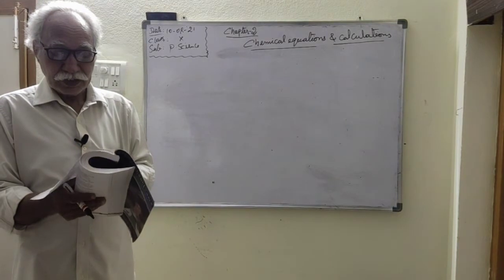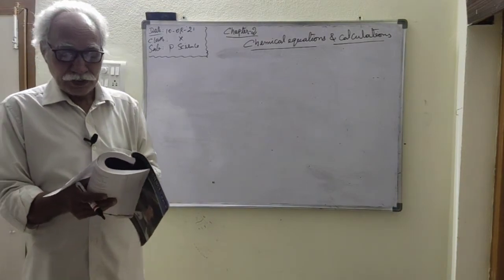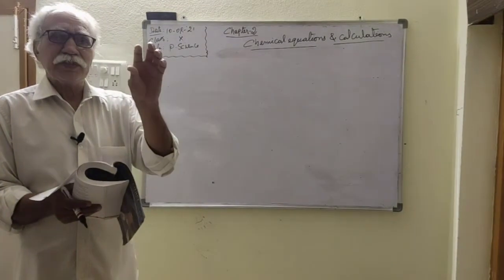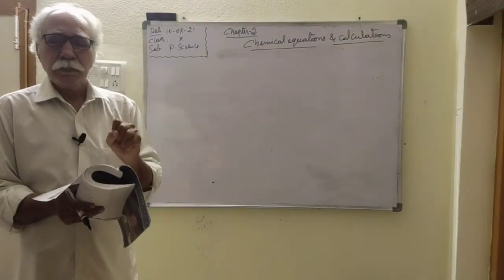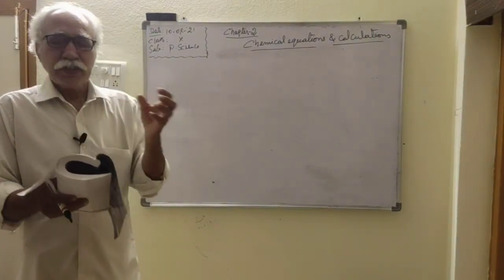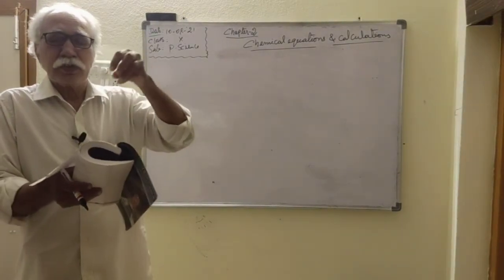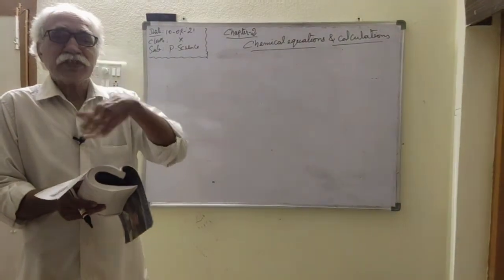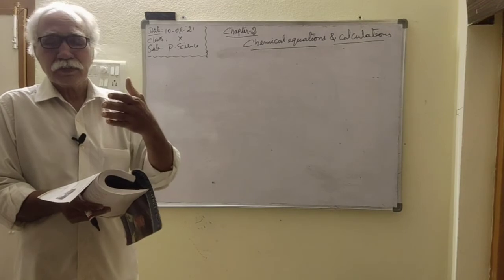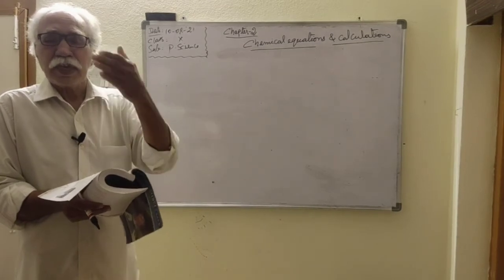Another one is sodium sulfate and barium chloride. Sodium sulfate solution is colorless. Barium chloride is also colorless. When these two colorless solutions mix together, it changes into a milky white precipitate along with a colorless solution.